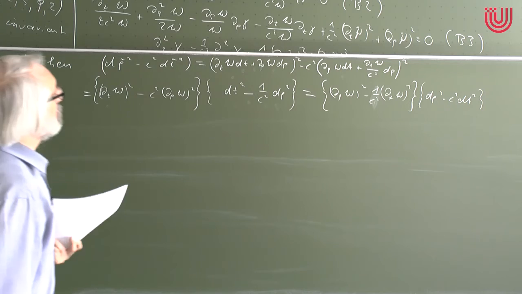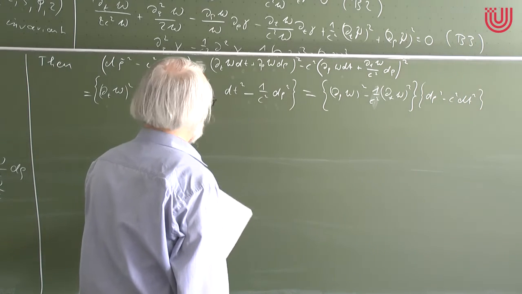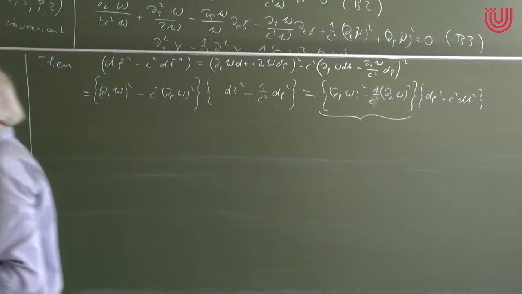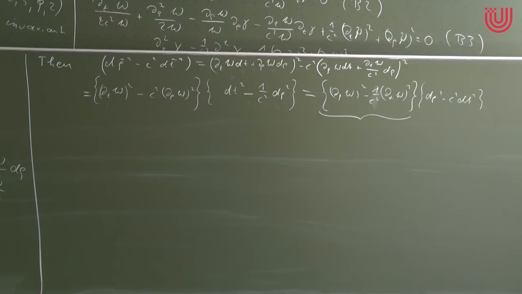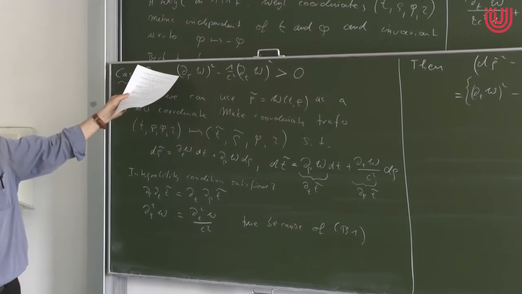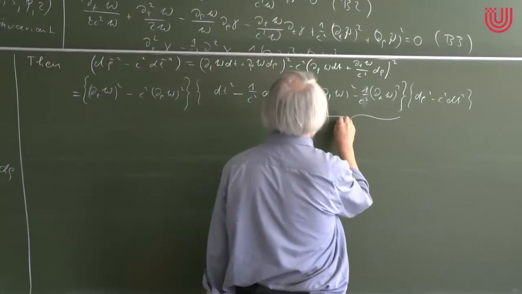So we see that, and what is important, this here is positive by assumption. So this was our assumption. Until now I have only used that it is non-zero, that the gradient is non-zero. But now I use that its Lorentz length is really bigger than 0.